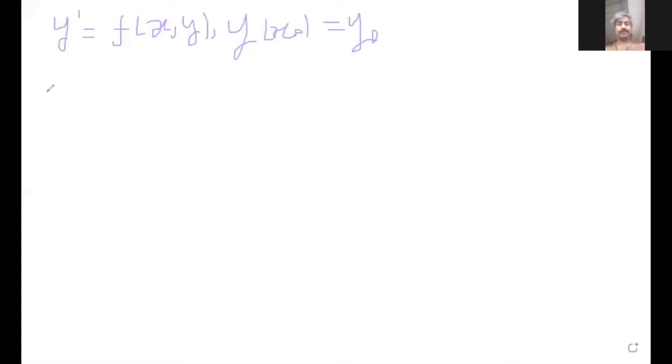What we did, we integrated this and converted it into an integral equation rather than the differential equation, y(x) is equal to y0 plus the integral. But now we will do it a little in a different way.